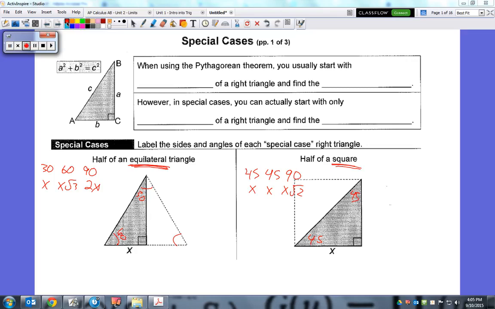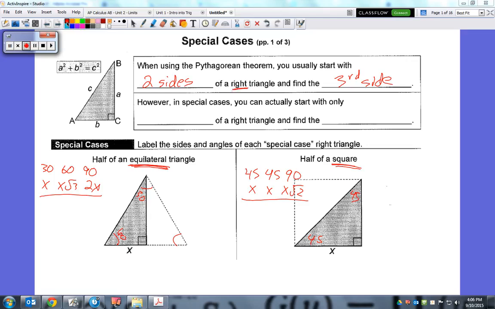Okay, so we're going to use these quite frequently through these notes and throughout this unit to solve for the lengths of the triangles. So when using the Pythagorean Theorem, you usually start with a right triangle and find the other side. So you start with two sides and find the third side, if you will.